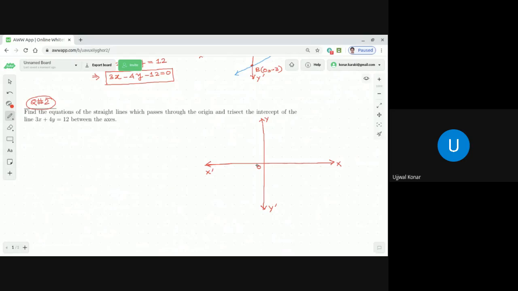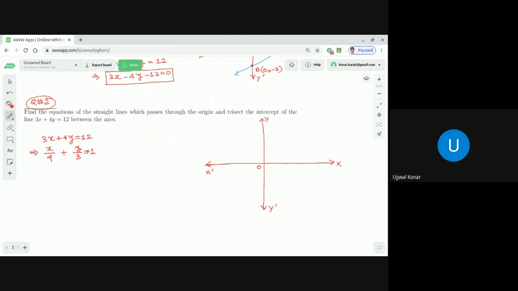Now, if you look at the first straight line, 3x plus 4y is equal to 12. If we represent this in the intercept form, how does it look, dear students? Whenever you get this type of equation, it is better to make it in this form: x by 12 over 3, that means x by 4, plus y by 12 over 4, that means y by 3, is equal to 1.